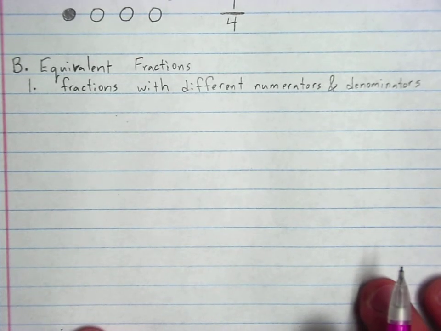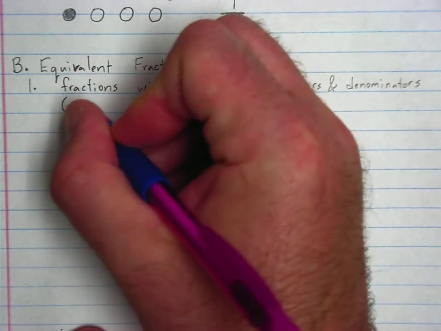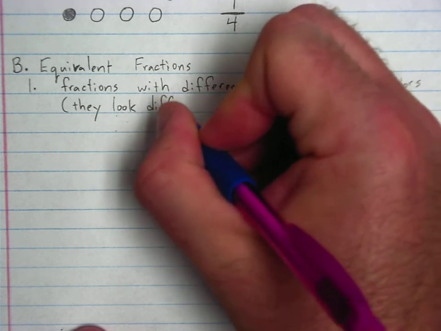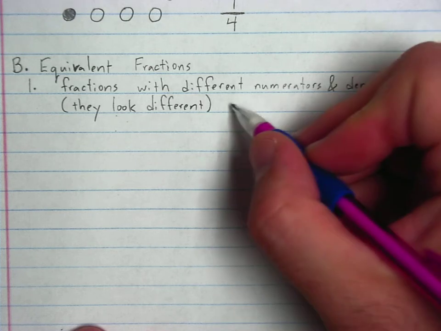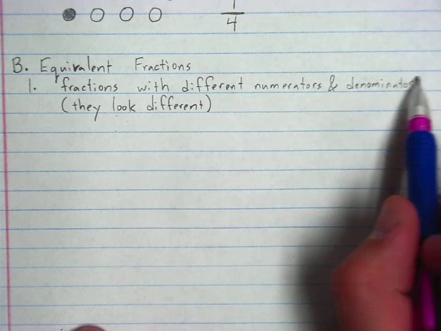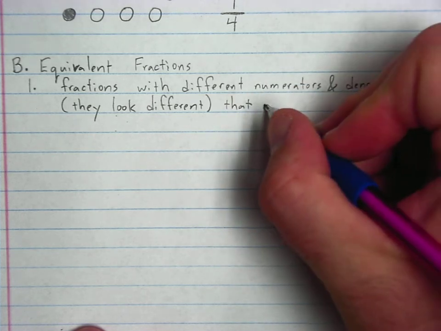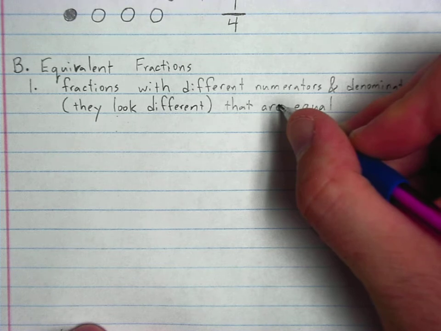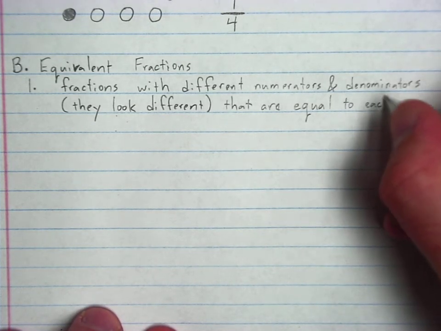The numerators, the denominators, they're going to look different. Fractions with different numerators and denominators, they look different, that are equal. Make that an E. That are equal to each other.